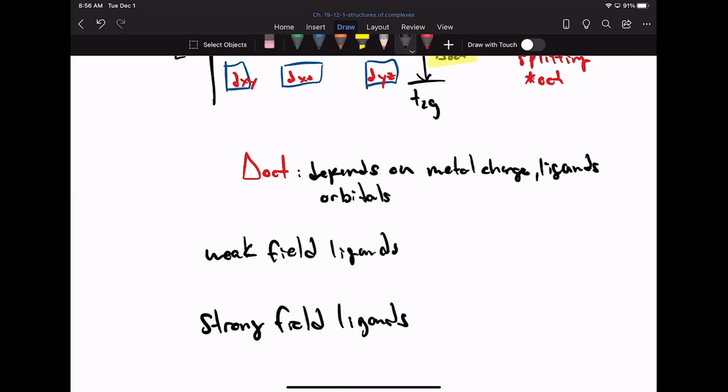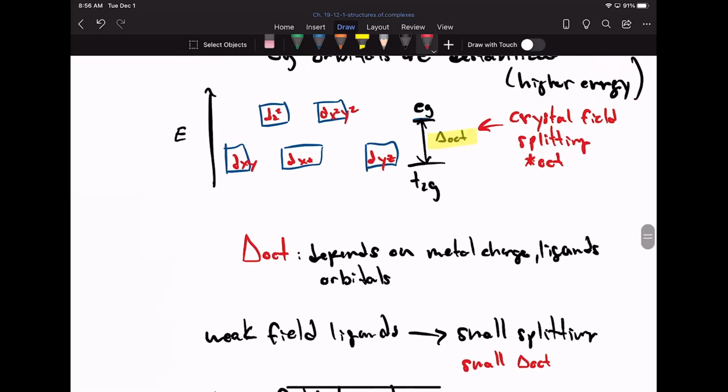A weak field ligand is going to have a small splitting, right? This is crystal field splitting, remember, that's what this little symbol here means.